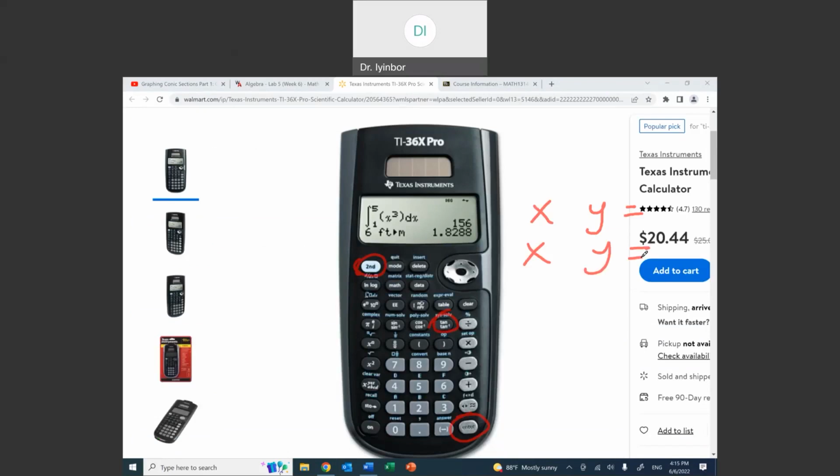What you need to do is enter the numbers in front of x and y. So for example, let's say we're solving 1x plus 1y equals 5, and the second one is 2x plus 5y equals 7.